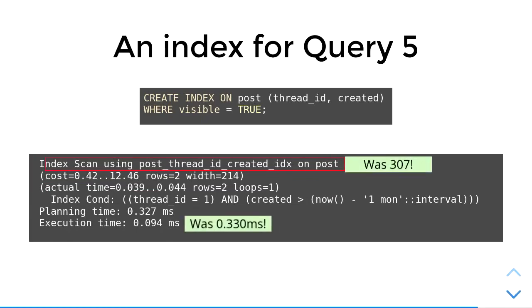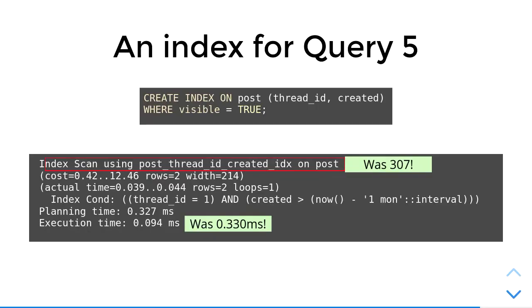So we've gone from 0.33 milliseconds to 0.094 milliseconds. From the original 33 milliseconds, that's a huge improvement. And original cost has come down and is now down at 12.46 from the 5,700 that it was. That's not a bad improvement.